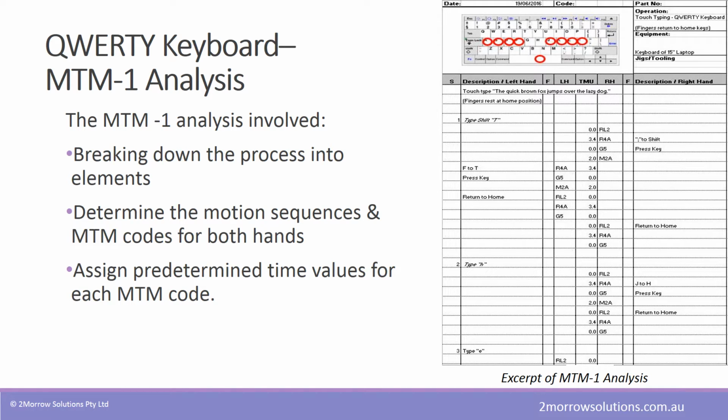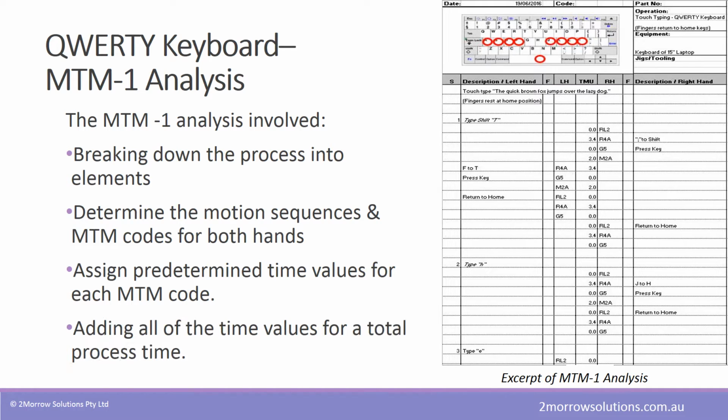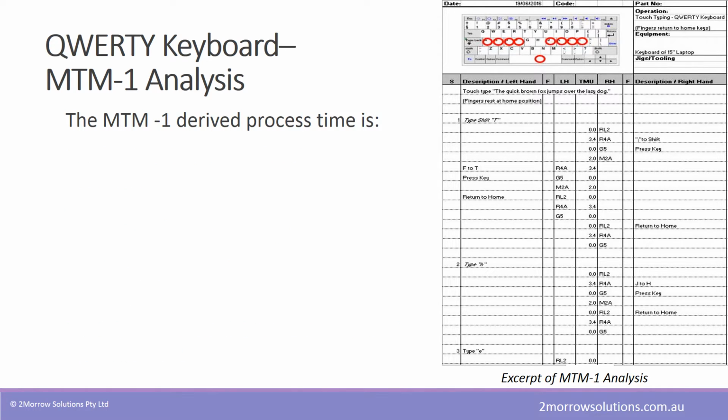Assigning the predetermined time values for each motion sequence code, adding all of the time values for a total process time. The process time derived from the MTM1 analysis for typing the sentence on the QWERTY keyboard by an average experienced operator is 12.5 seconds. Let's now review the Dvorak keyboard using the same process.